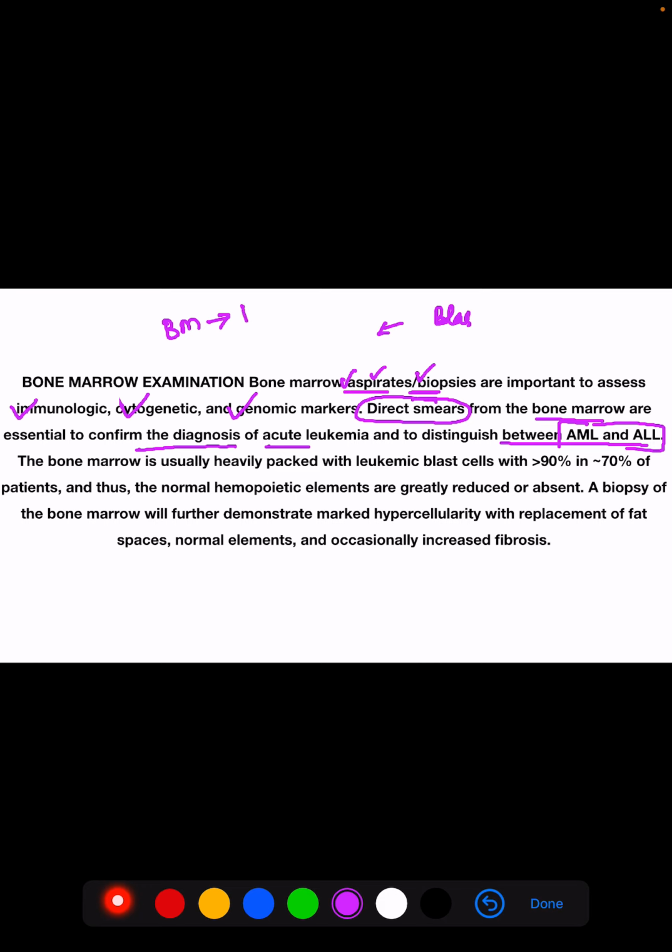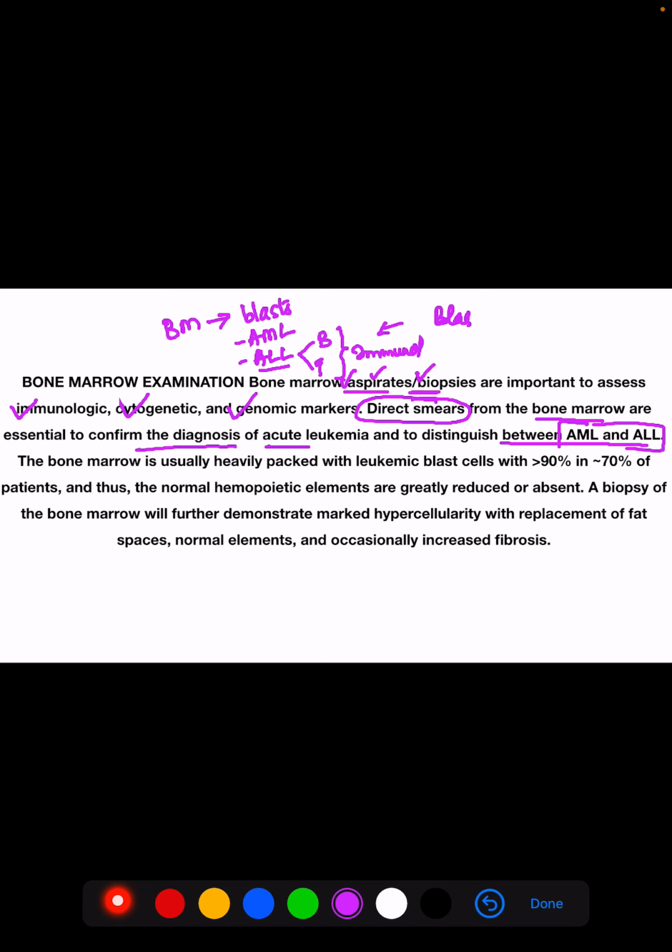In bone marrow we can find blast, and from bone marrow we can say whether it is a myeloid leukemia or a lymphoid leukemia. And for further classification of acute lymphoblastic leukemia into B cell and T cell, what is required? Immunological studies are required for further classification.